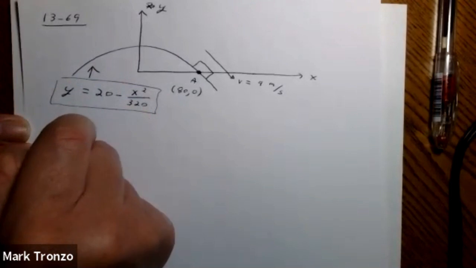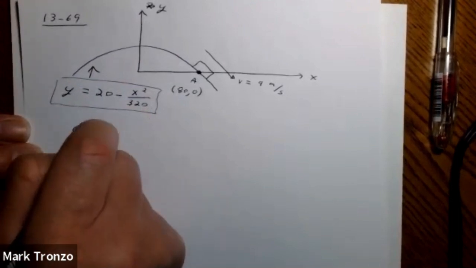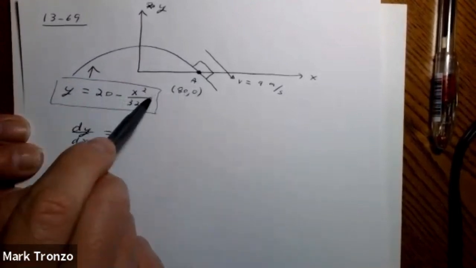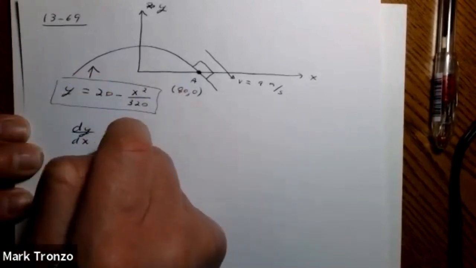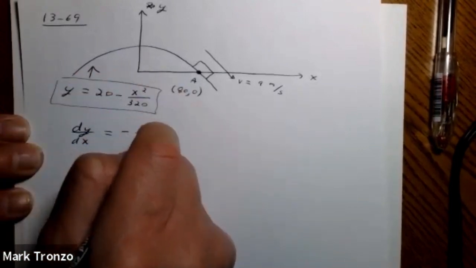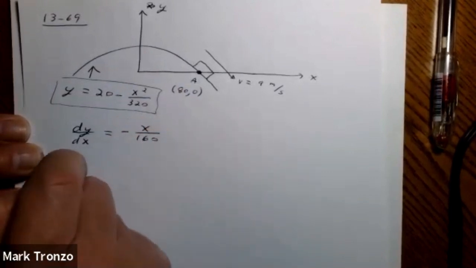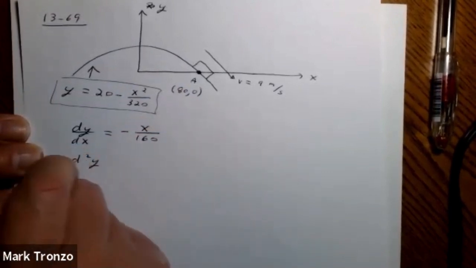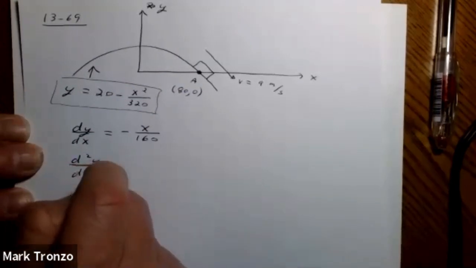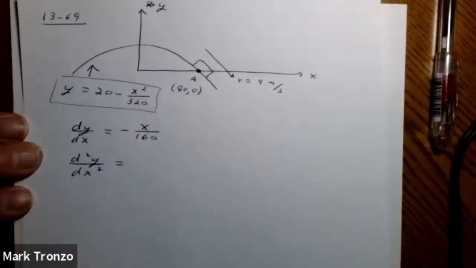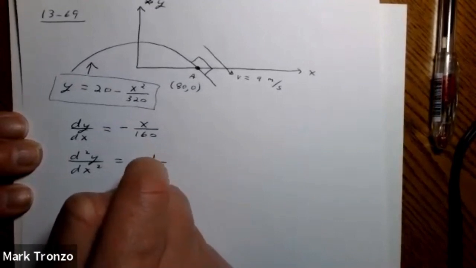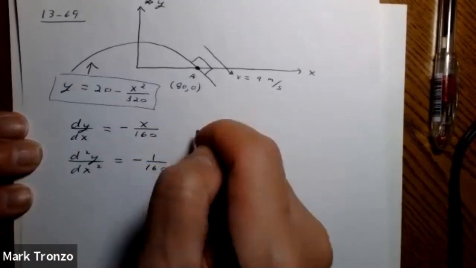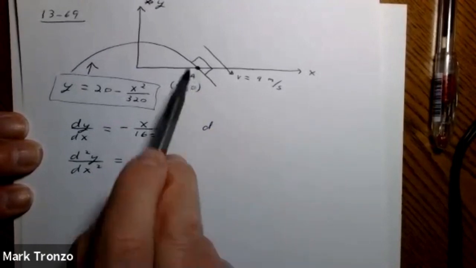And so we have to do dy dx. And we bring the 2 down, divide that into that, we get minus 160. So it's going to be x over 160. d squared y dx squared, take another derivative. That'll be minus 1 over 160. Let's evaluate those at our point, which is 80.